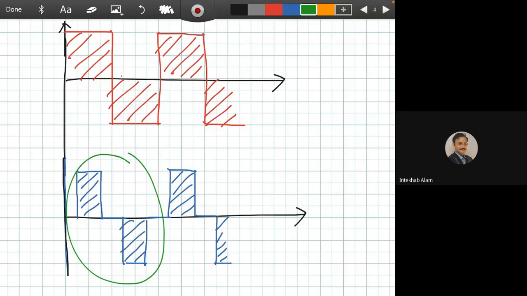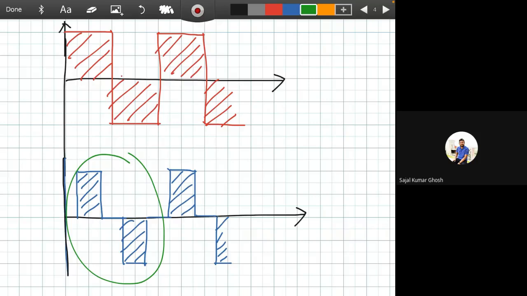Hence, the frequency spectrum is also changed. Okay. Is it okay?